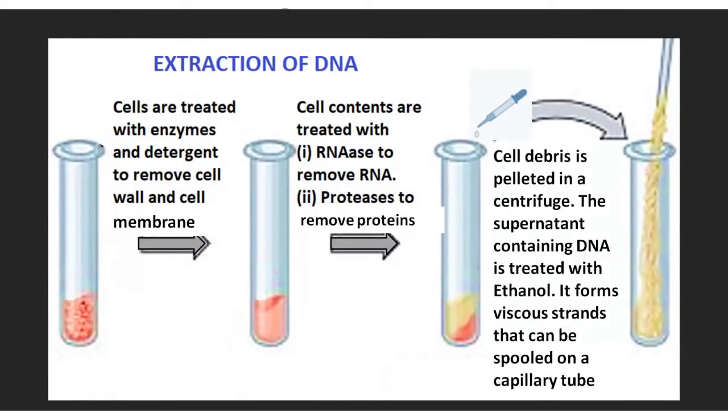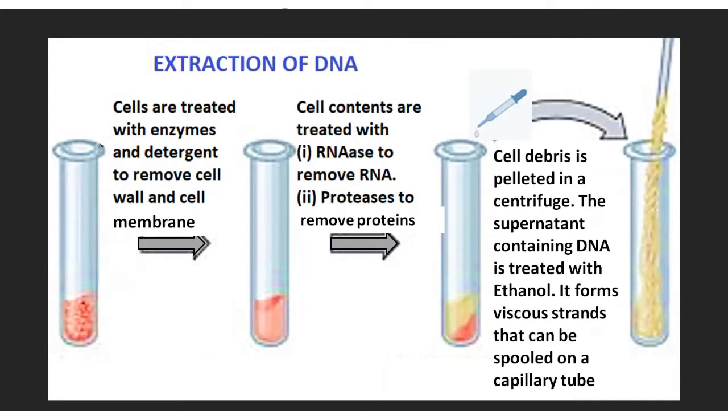So you can see here, this is a test tube containing the cells. These cells are treated with the enzymes and the detergents to remove the cell wall and the cell membrane. Then the lysate, the cell contents, are treated with RNase and proteases to remove RNA and proteins respectively.